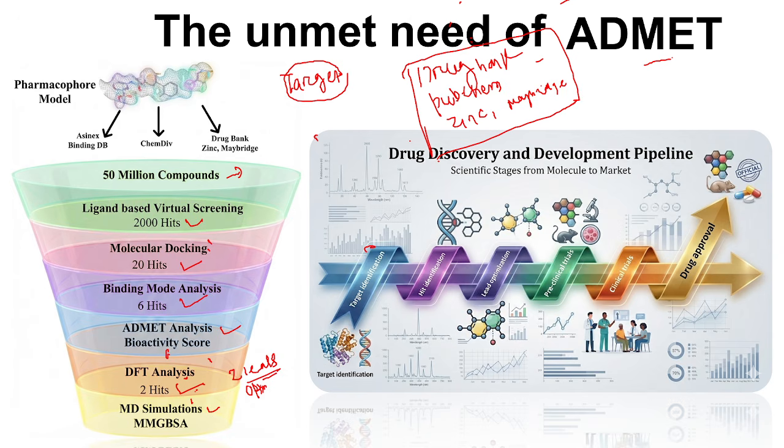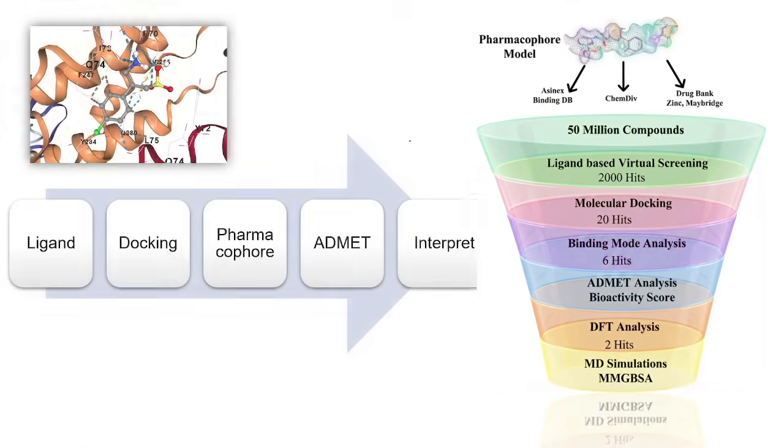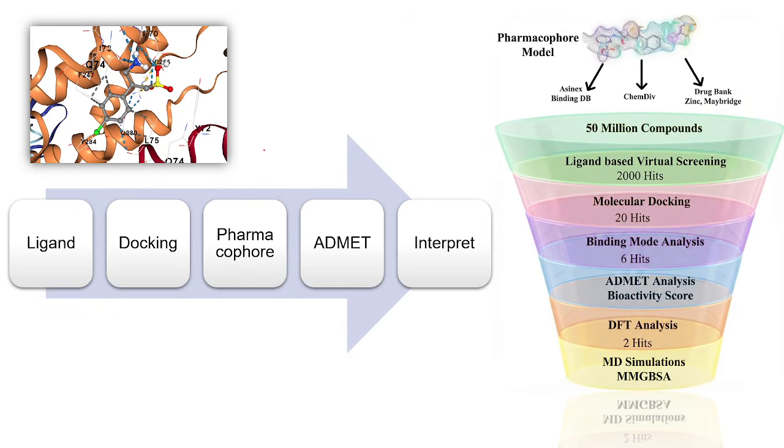So I am talking about the process. First, we select the ligand molecules, then we perform docking, which is also called the virtual screening process. We have hundreds of compounds in the library. After docking, we have 20 or 30 compounds.